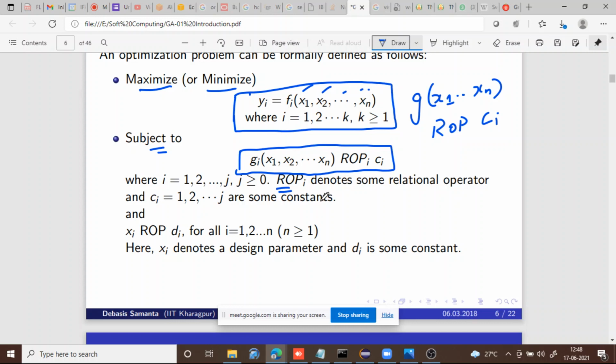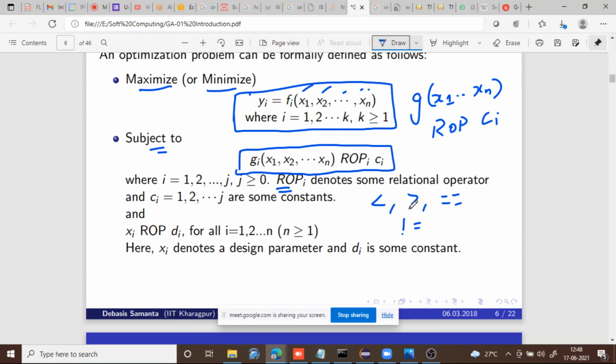Yes Rupesh, you name the operator, I am not asking where it is used. These are the relational operators: less than, greater than, equal to, whether two values are equal or not. Generally in C or Java we use double equal to, not equal to, all these are relational operators.